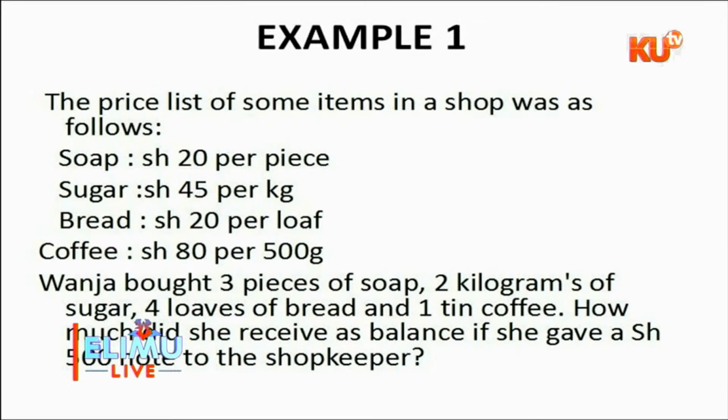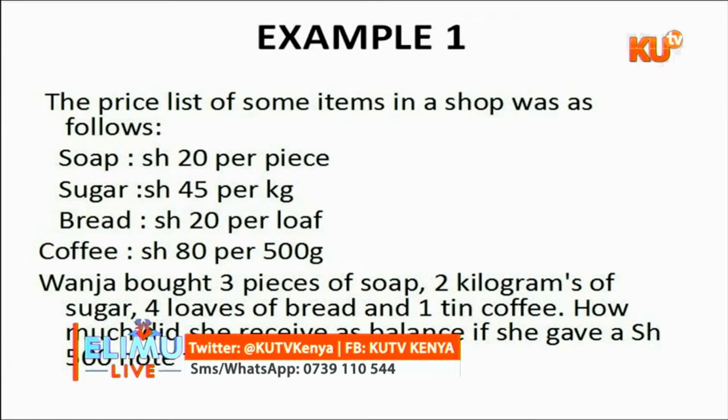And then we're told that Wanja bought 3 pieces of soap, 2 kg of sugar, 4 loaves of bread, 1 tin of coffee. How much did she receive as balance if she gave 500 shillings note to the shopkeeper? So we have that question with us there.